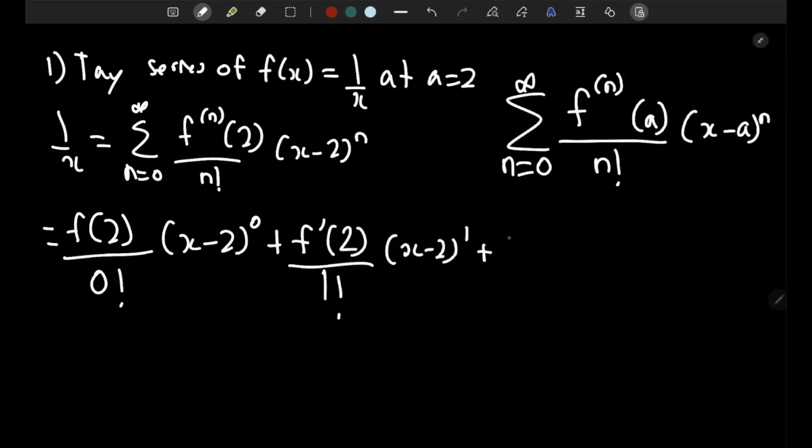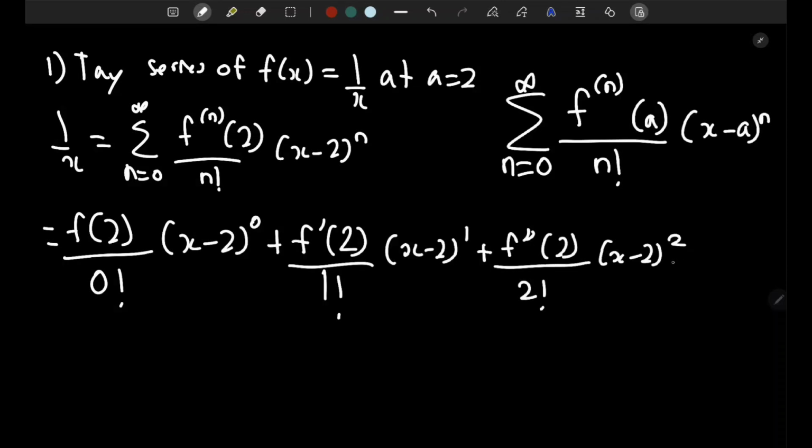Now when n is equal to 2, we have f double prime at the value of 2 over 2 factorial multiplied by (x minus 2) to the power of 2. And let's write the third one also.